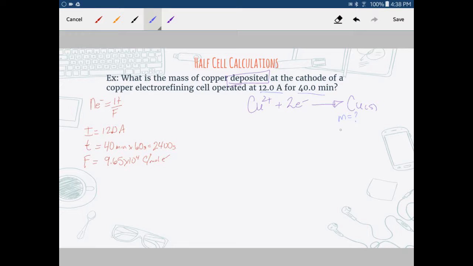In order to calculate that, I need my moles, which I can get from a mole ratio, and my molar mass. Then I can use my mole ratio from my number of electrons, which goes here from this overall formula. So my first step is to calculate my number of electrons, which is going to be equal to 12 amps times my time, which is 2400 seconds, divided by my Faraday's constant.